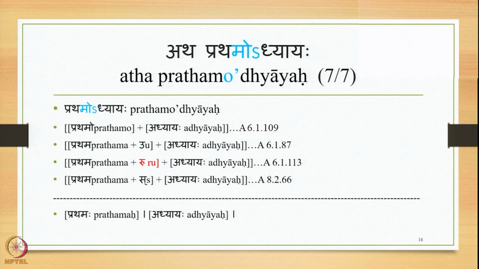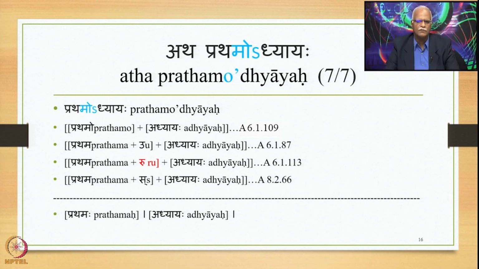So, finally, we arrive at the two constituents written down as separate padas, and they are Prathamaha and Adhyayaha. This is how we split Atha Prathamodhyayaha.